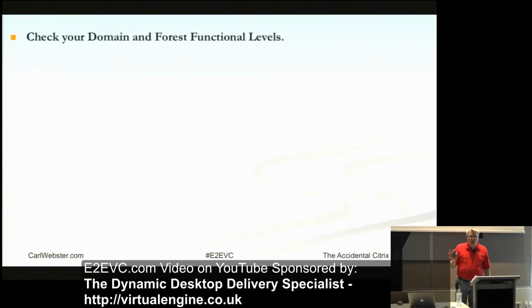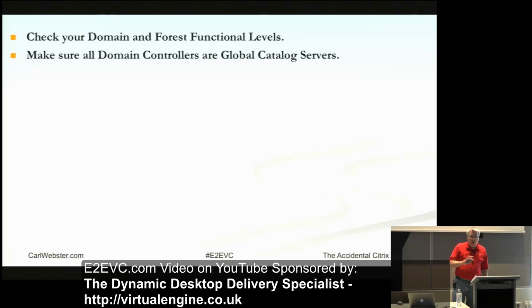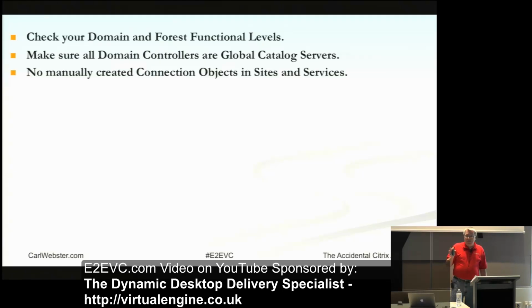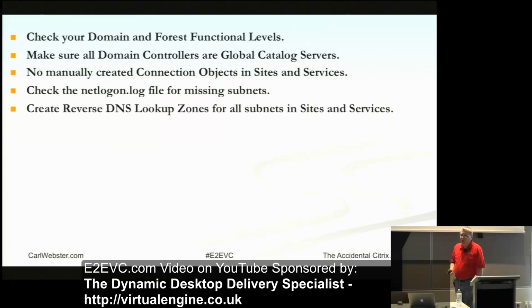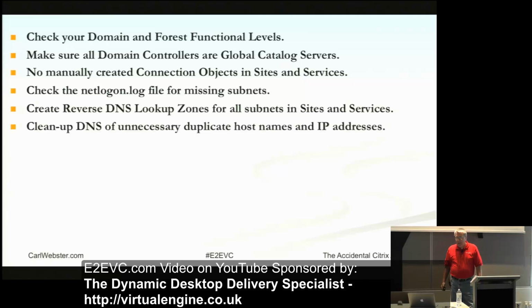Now, how many heard my presentation or saw the video or read it from last year, the 10 things in AD? Yeah, a couple of you? All right. Well, here are the things we covered last year. We check our domain enforced functional levels, make sure all domain controllers are global catalog servers, and have no manually created connection objects in sites and services. We check the netlogon.log file for missing subnets.